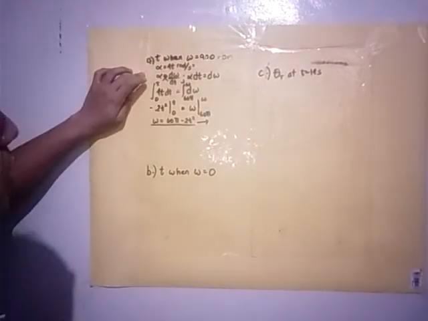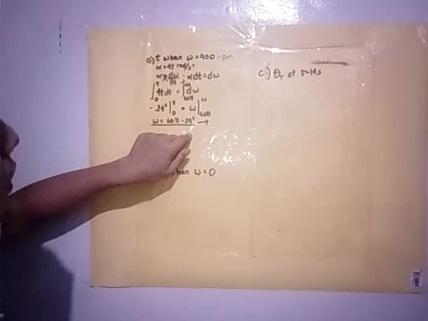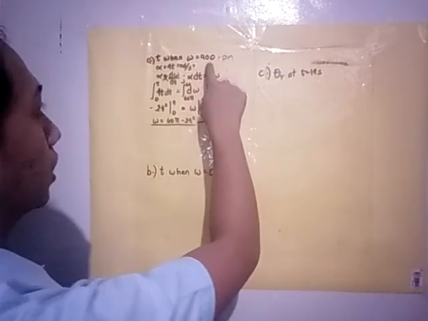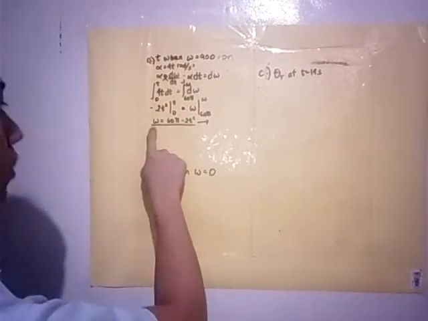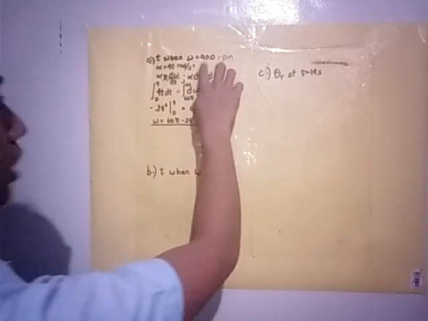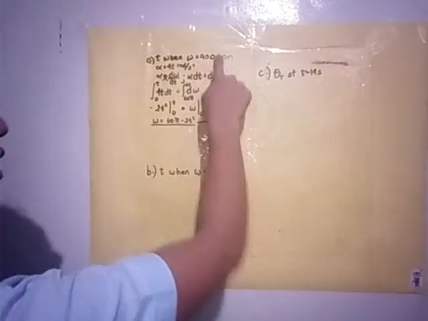Now, the question here is, at what time will our 900 RPM come? So, we substitute 900 RPM to this one, but not exactly 900 RPM because it is RPM.